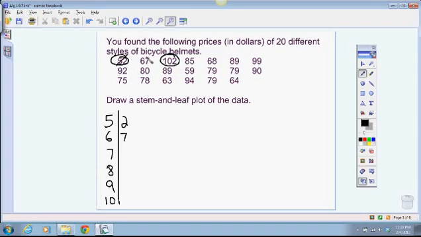Okay, so 52, we can put a 2 here. 67 will come here. Again, I'm going to put a 2 here to represent 102.